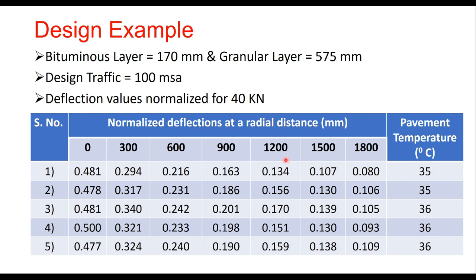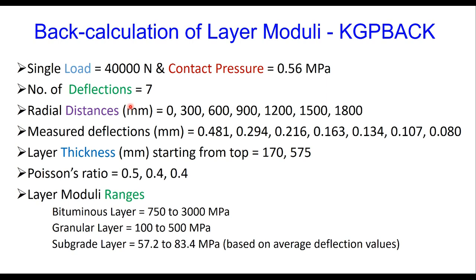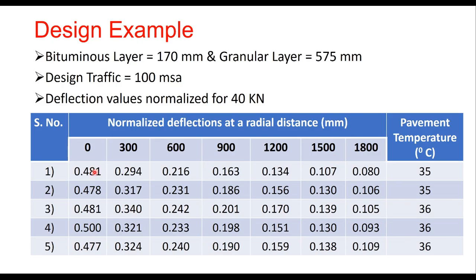The total input parameters for back-calculation of layer moduli will be: single load 40,000 Newton, contact pressure 0.56 MPa, number of deflections 7, radial distances 0, 300, 600, 900 and so on, and measured deflection values. These are taken from the first set of data in this table.